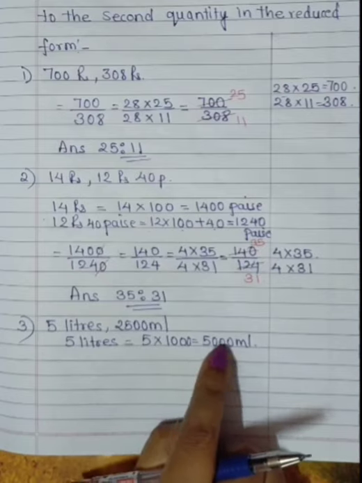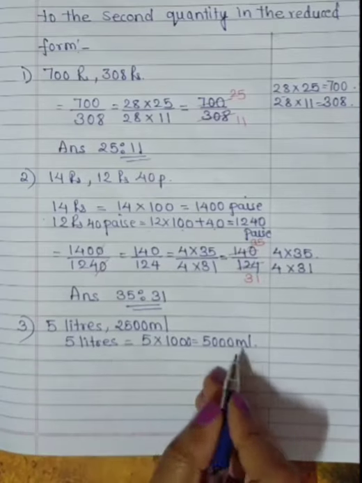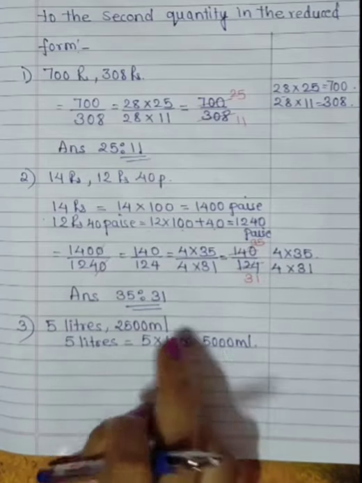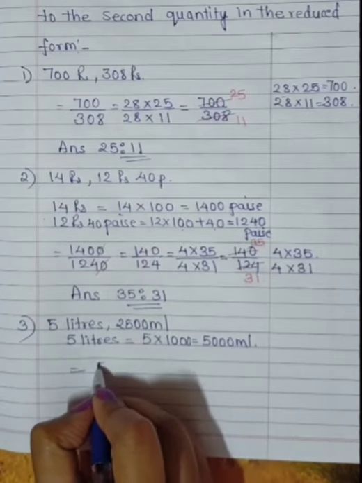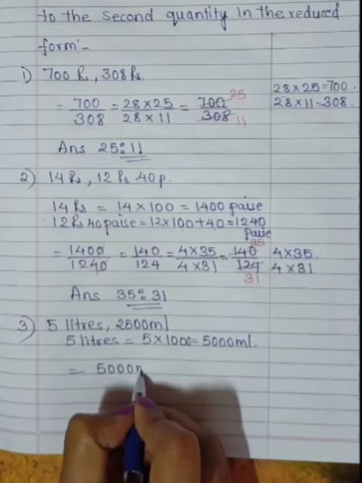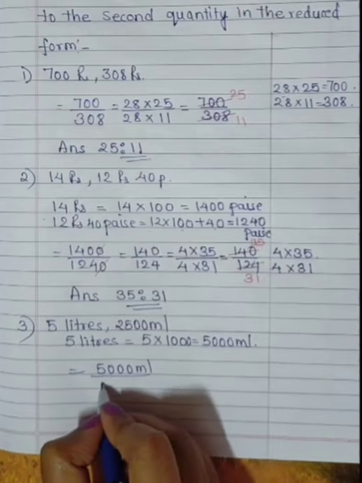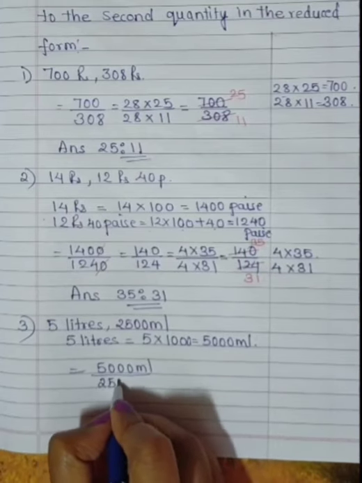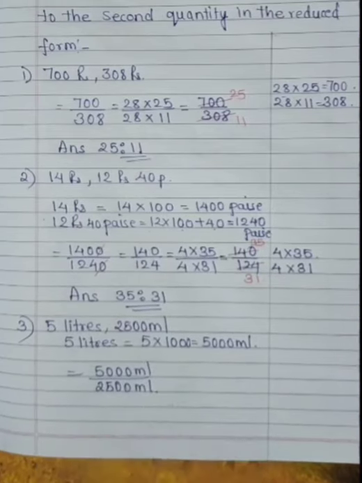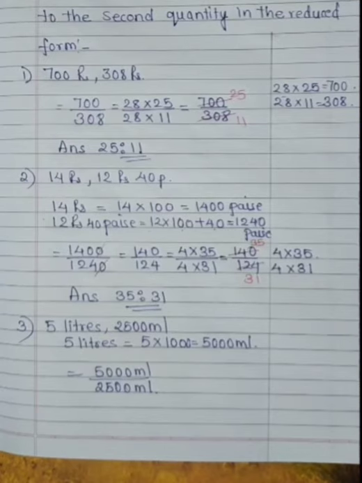We got 5000. Now we have both in ml form, so I am writing here 5000 ml upon 2500 milliliter.